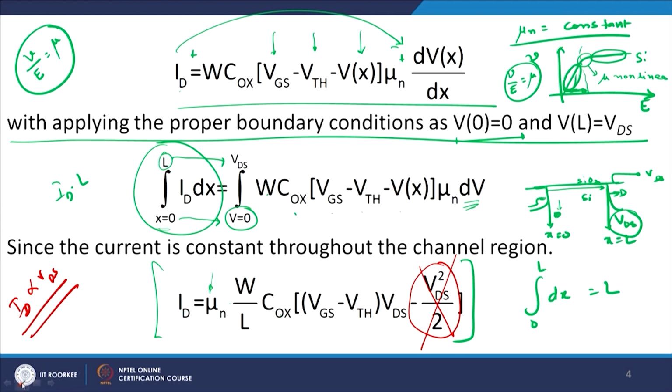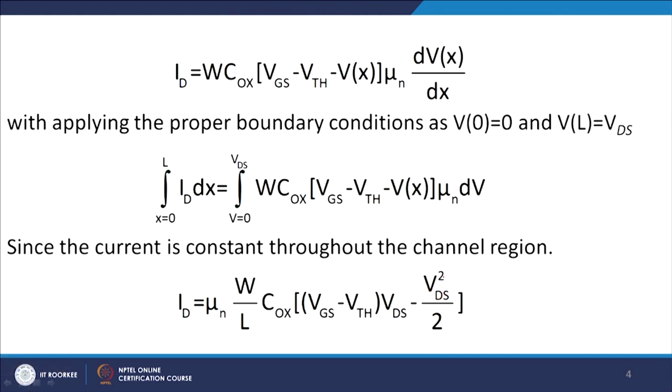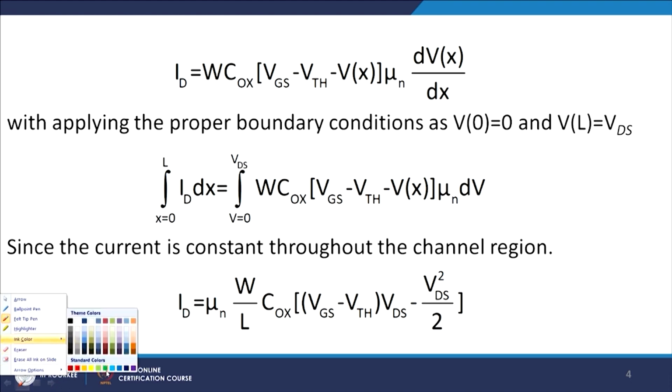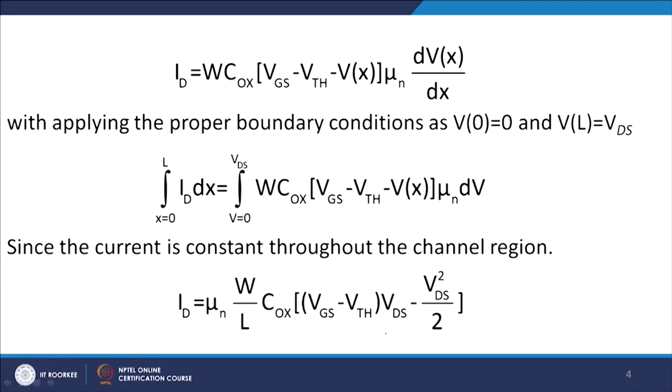But since you do have a VDS term coming into the picture, which is also VDS here, and this is VDS squared, mind you, what I can safely say is that there will be a nonlinear profile at smaller values of VDS. Let us see how it works out.